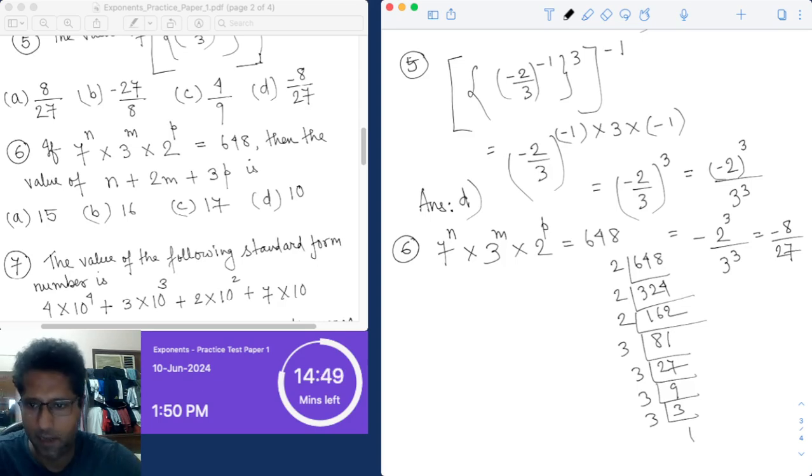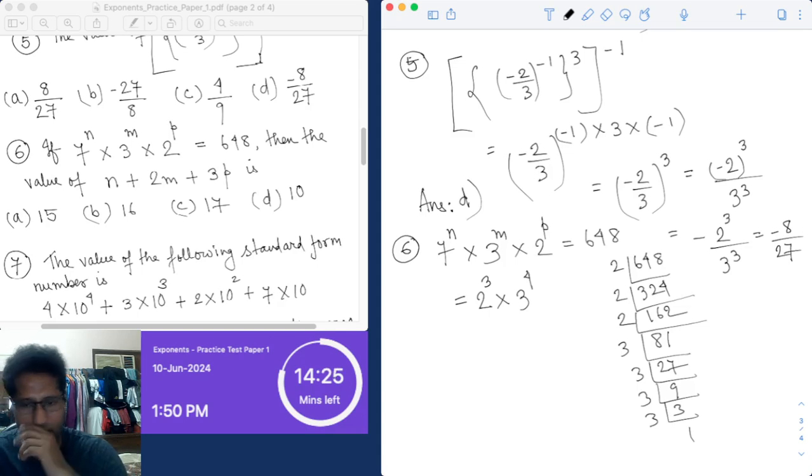So if we express 648 as prime factors, we get 2 three times, so it will be 2 cubed, multiplied by 3 four times, so 3 to the power 4. This is the prime factorization of the number 648.